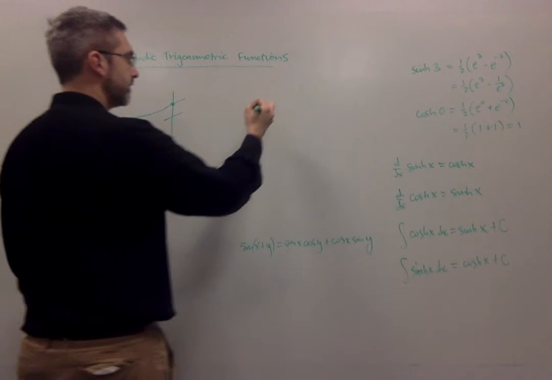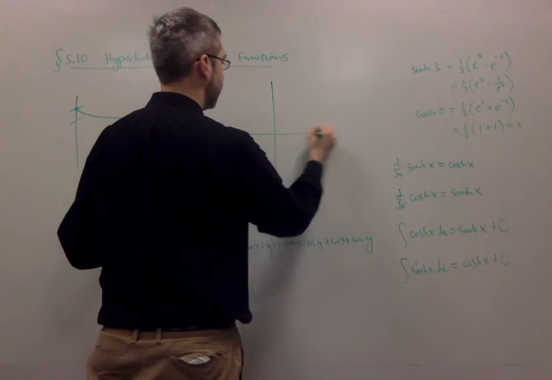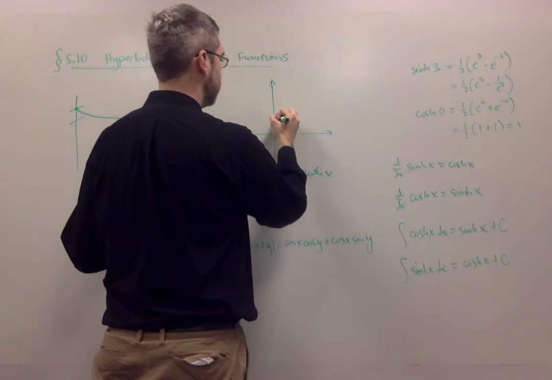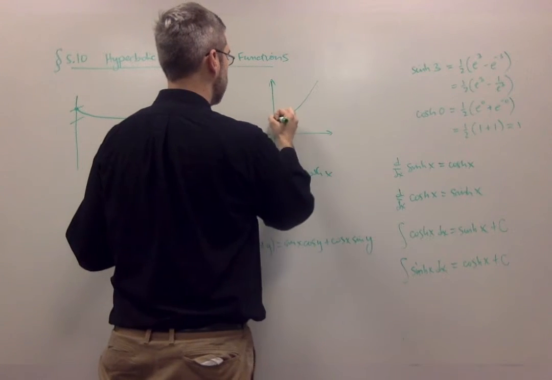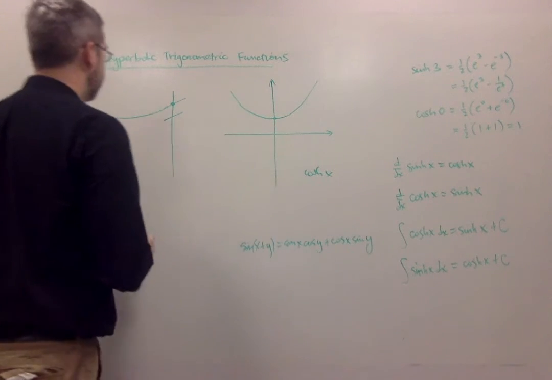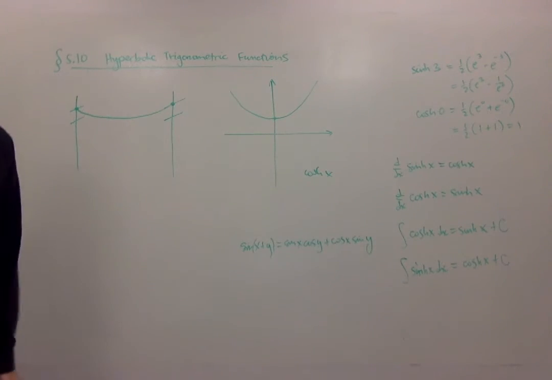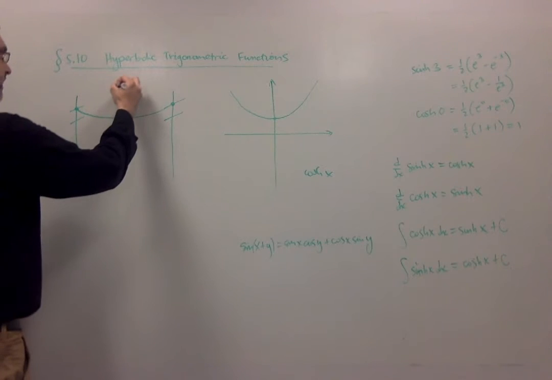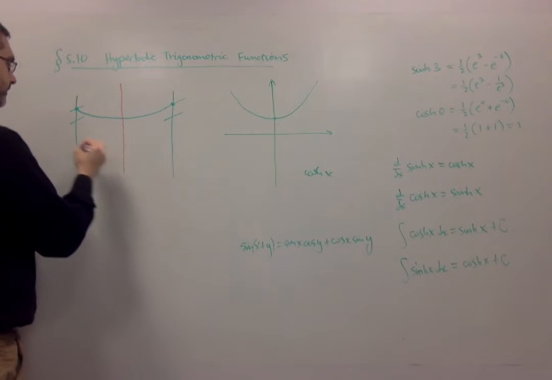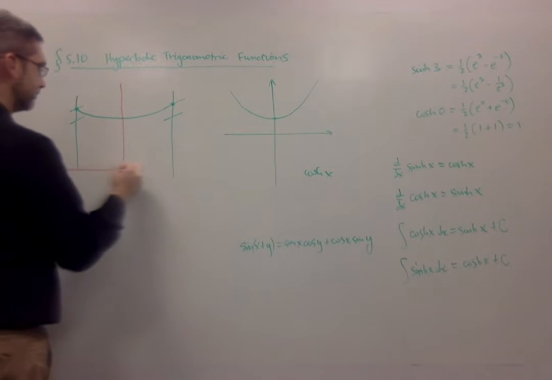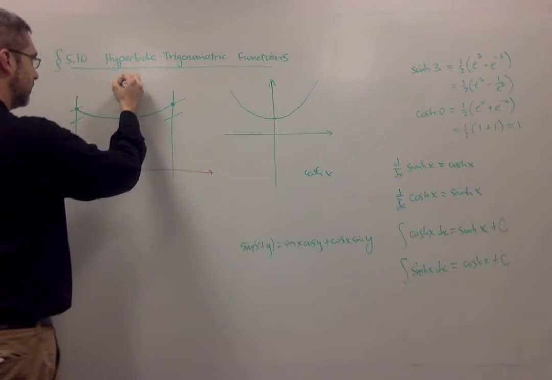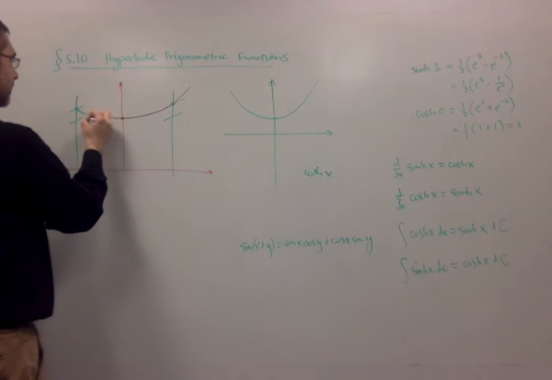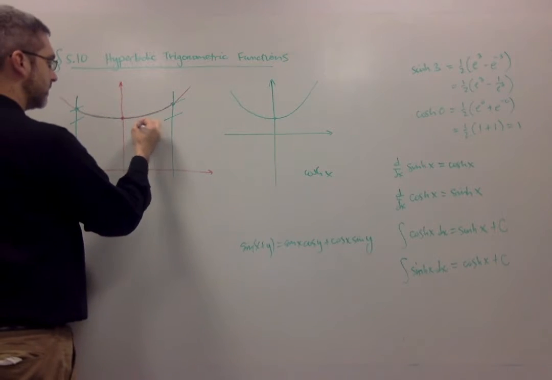So remember, hyperbolic cosine, cosh of x, actually looked like this, right? If I were to plot an axis right here, this equation is actually a hyperbolic cosine function.